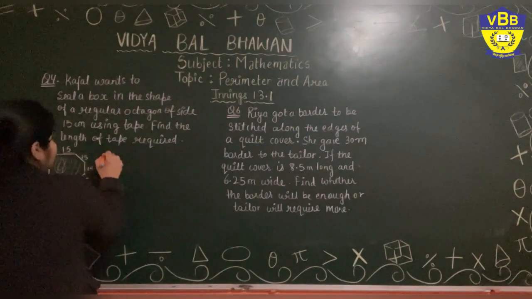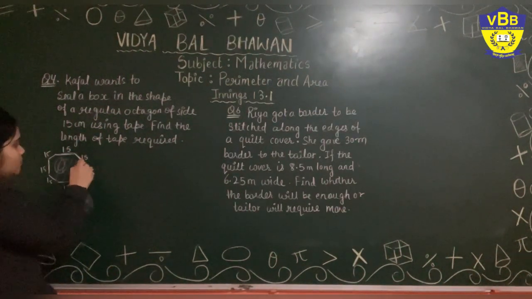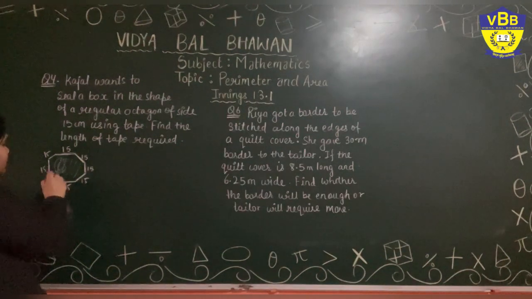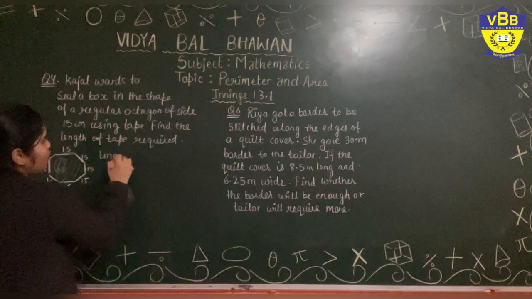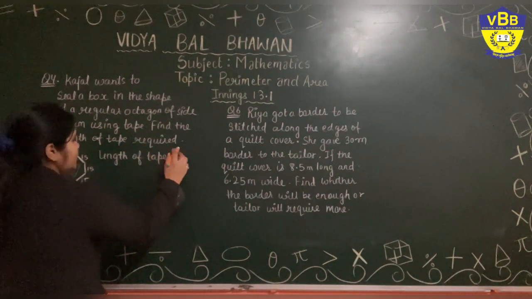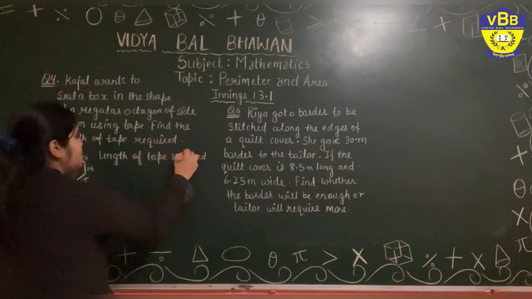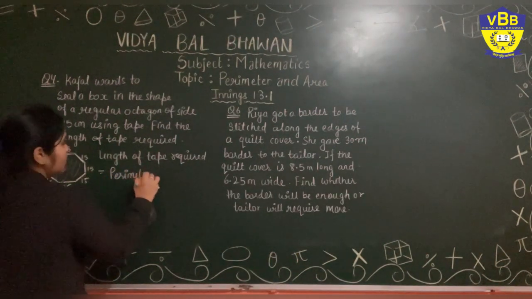So the length of tape required will be equal to the total boundary length, that means the perimeter of the octagon box.